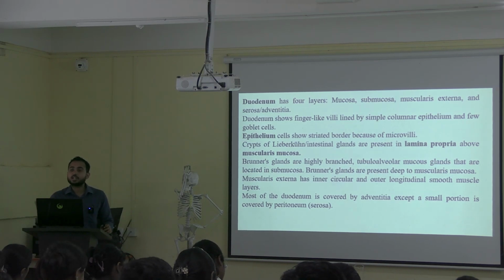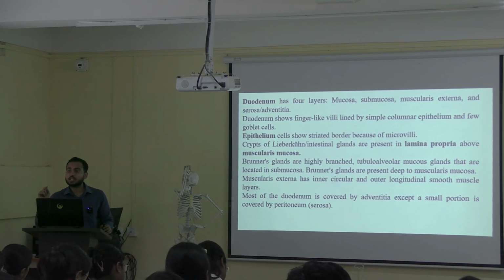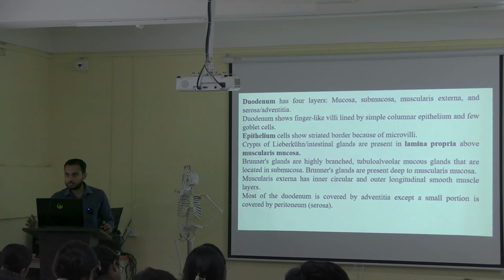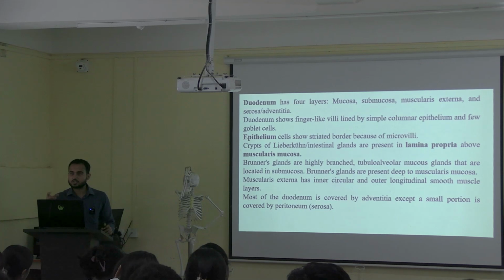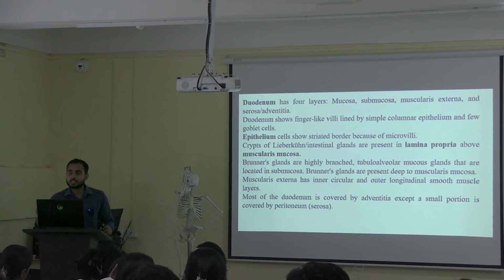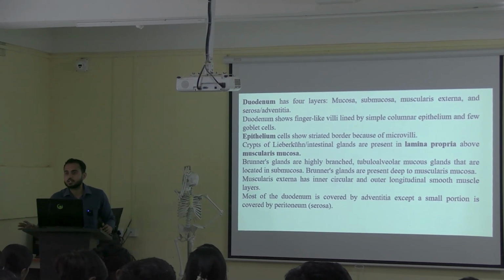Next, the number of villi is also more in the duodenum. These are some important points. Next, if you see the lamina propria, in most cases Peyer's patches are absent. What Peyer's patches are, we have already discussed: aggregations of lymphoid tissue, which are mostly absent in the lamina propria of the duodenum.